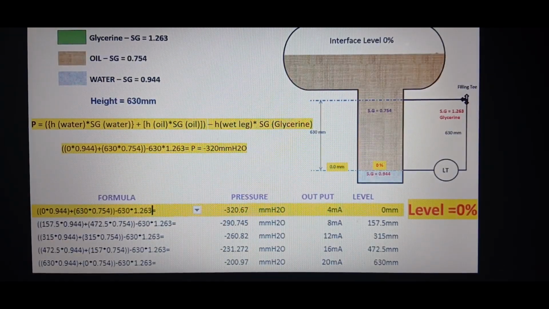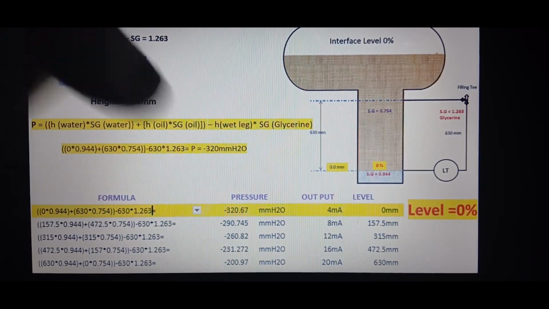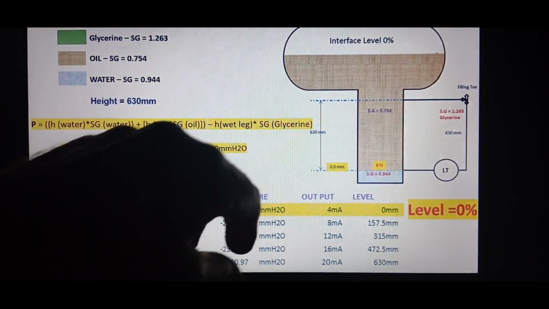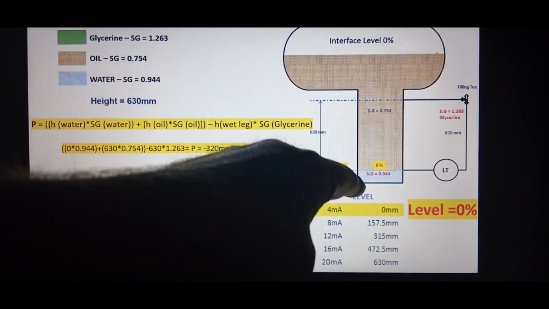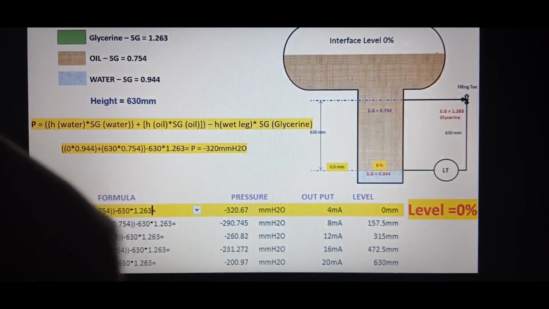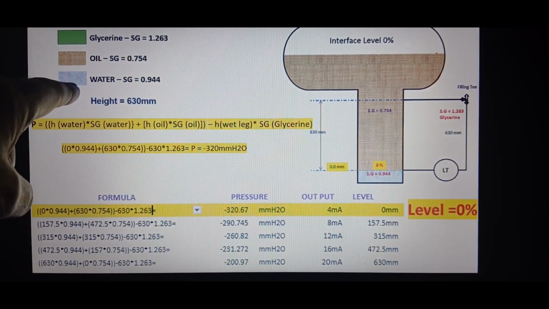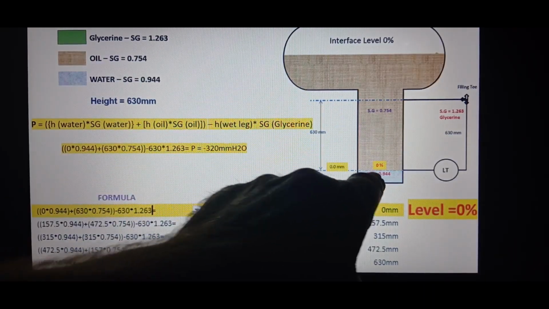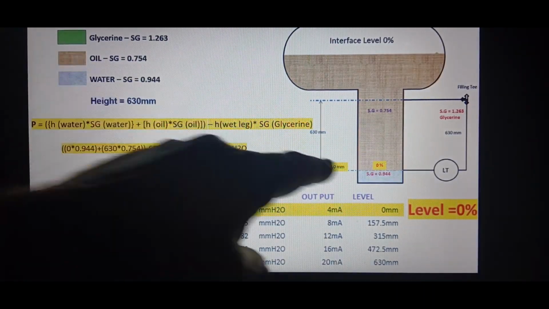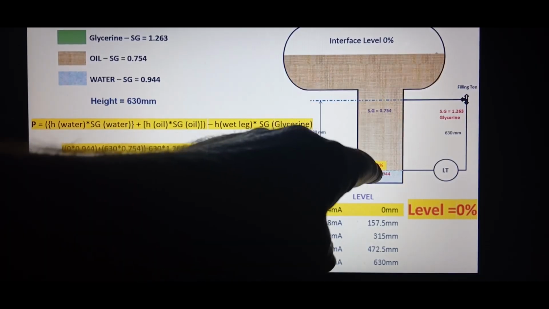All right, this is the vessel. You can see the vessel, and this is the area which will be filling up with either water or oil or both. Water is blue, so that's our water level. Oil is the brown one, which is this one here.